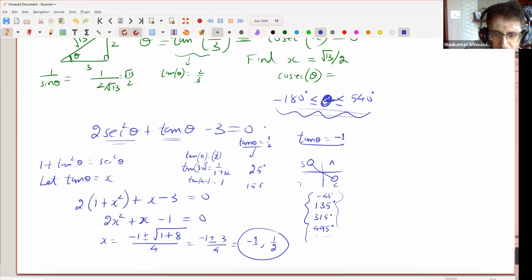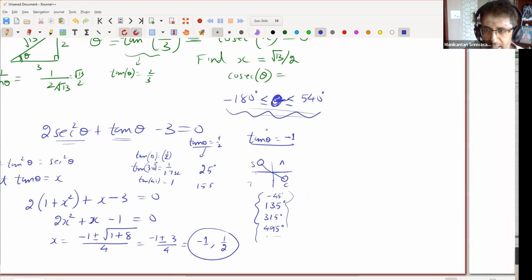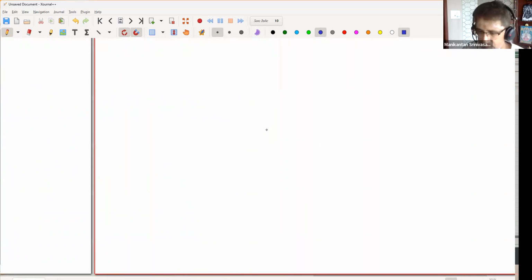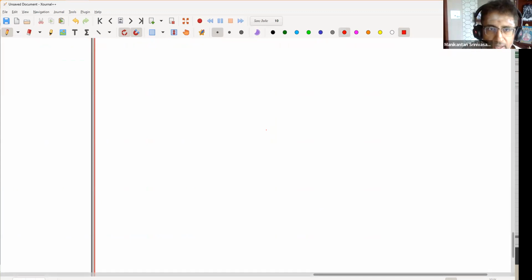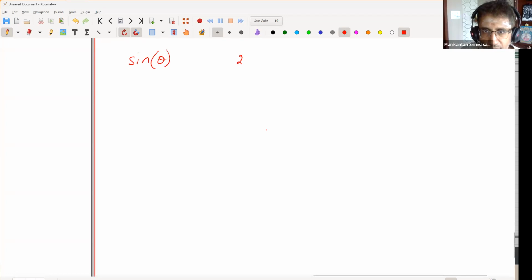And then the last thing I wanted to cover was transformations, right? We did touch on it yesterday. So the period for sine theta is 2 pi, right?